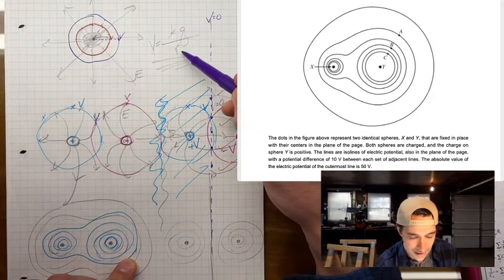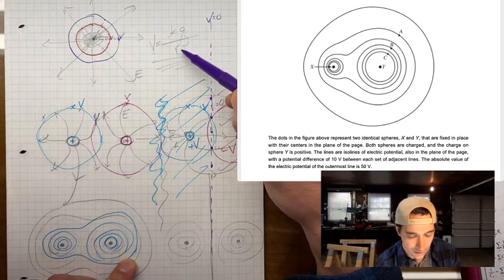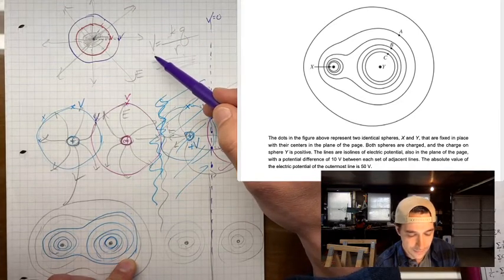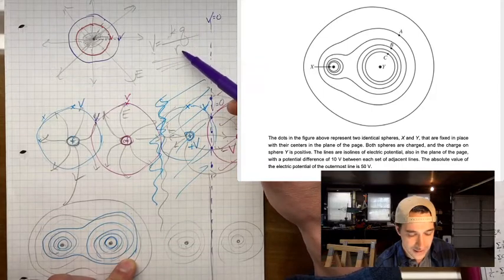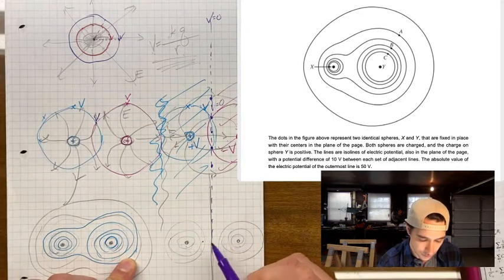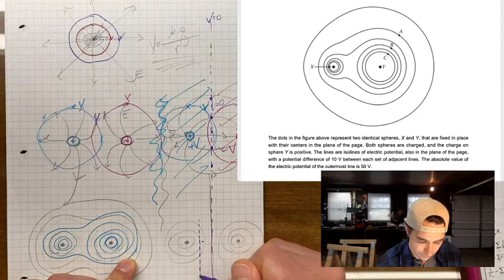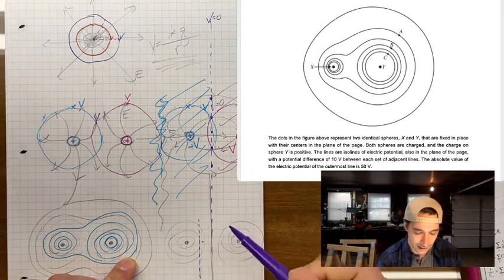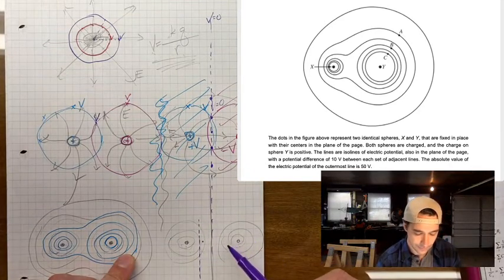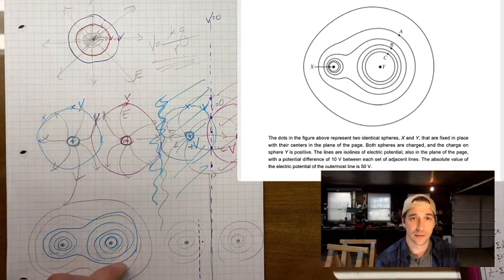That means that if this is really big, for V to be the same, this has to be bigger also, right? So here, closer to our weak charge is where our 0 point would be. And it's actually not going to be a straight line, right? So this is going to have some curve to it.